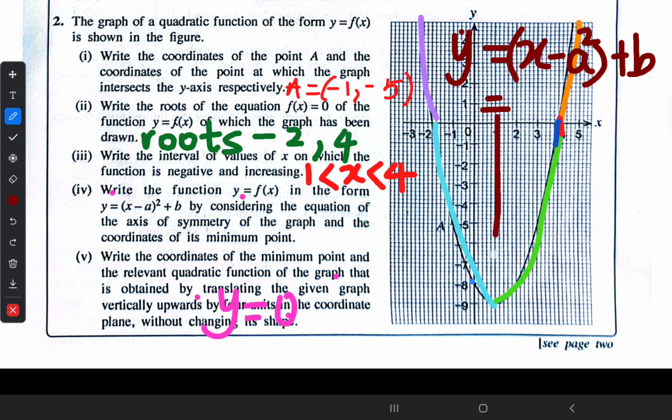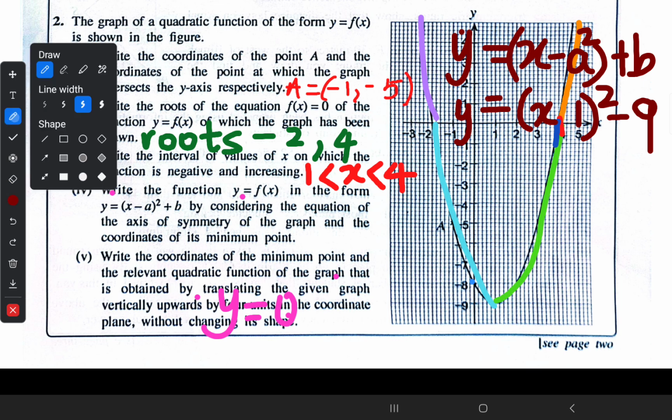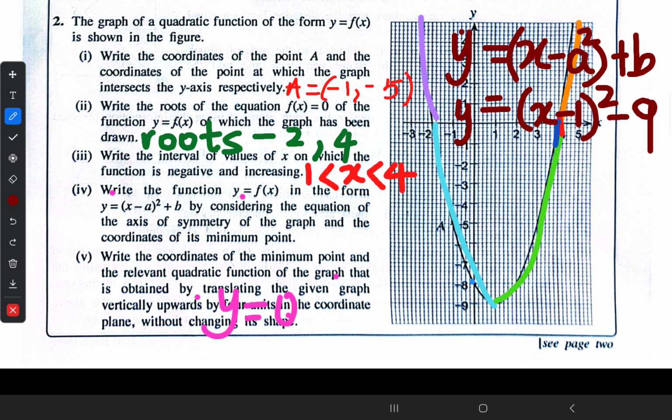Here you can see this is the symmetrical axis of this graph. So (x minus 1) whole square, and the minimum point of this graph, which is negative 9. So in this format you can write y equals (x minus 1) whole square minus 9.